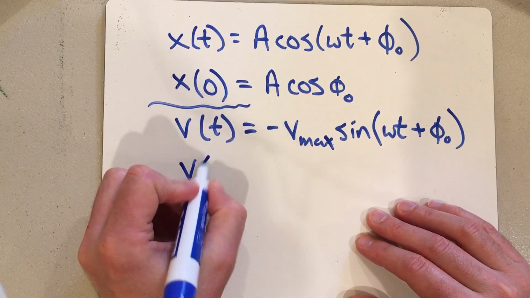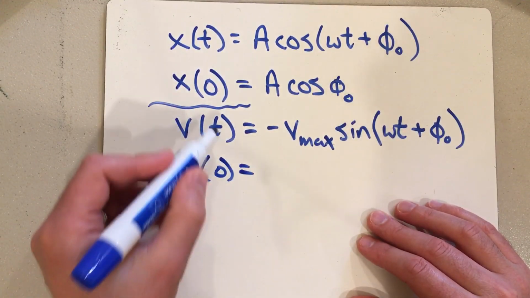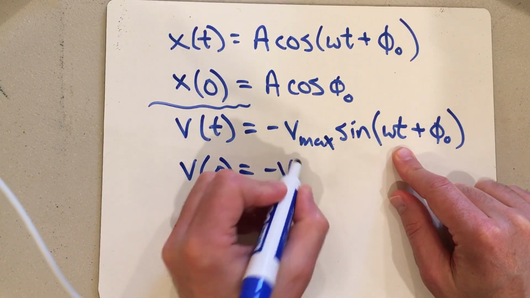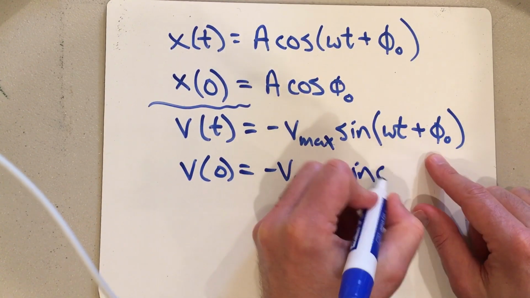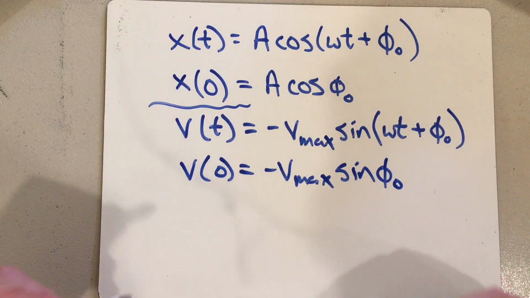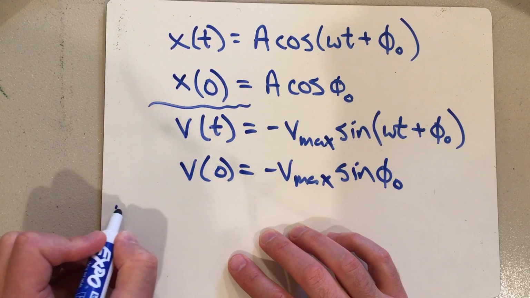We could say, okay, what happens to the velocity function at the beginning? What is it at t equals 0? And this becomes 0 again, and you get negative Vmax sine of the phase shift.